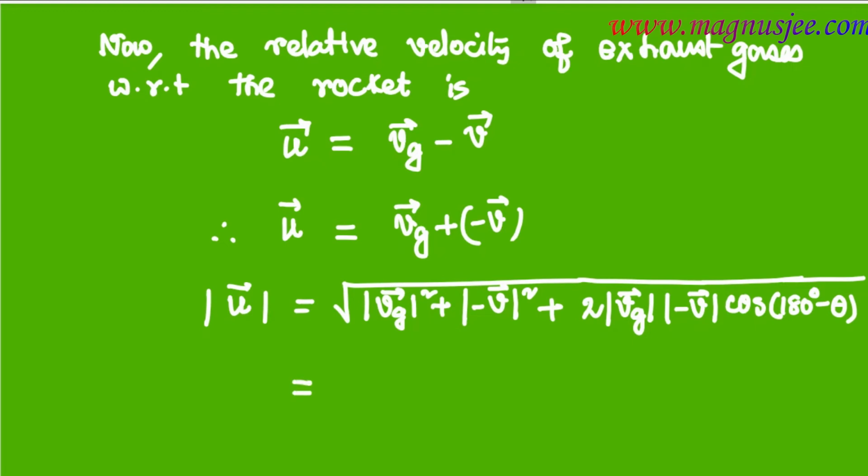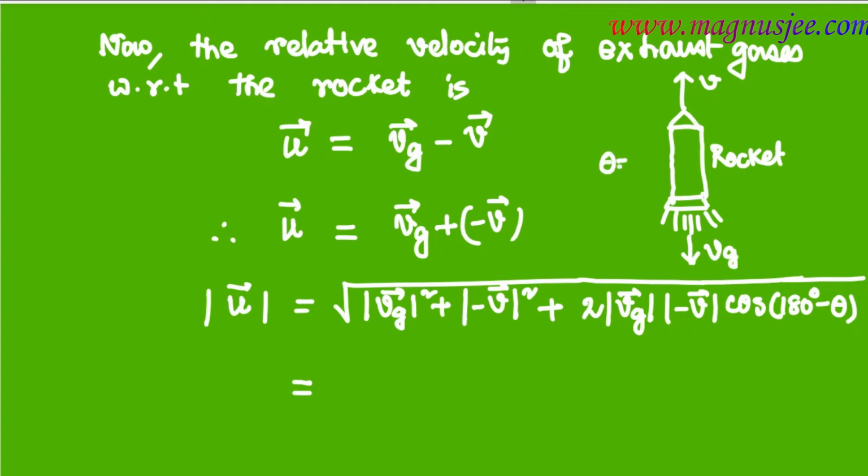We can draw the diagram again to denote the angle between the velocity of exhaust gases, that is vg, and the velocity of the rocket. This is the rocket. The rocket is moving upwards with velocity v, and exhaust gases are ejected from the rocket in the vertically downward direction with velocity vg. So vg and v are opposite to each other.